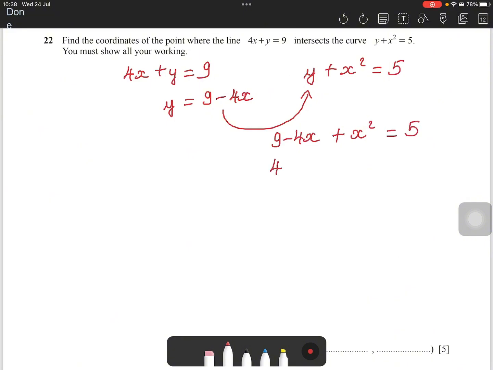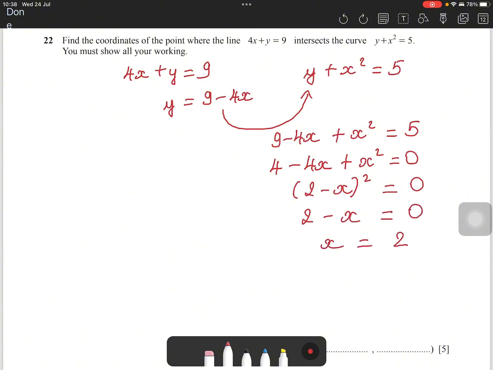So we have 4, 9 minus 5 is 4. 4 minus 4x plus x squared equals 0. And x squared minus 4x plus 4 is a perfect square: 2 minus x all squared equals 0. So this means 2 minus x must be 0, and x is equal to 2.